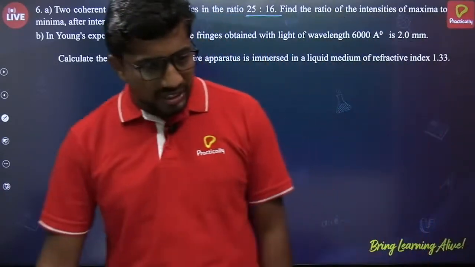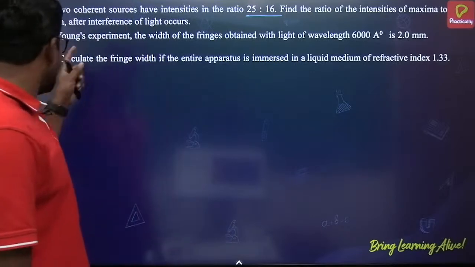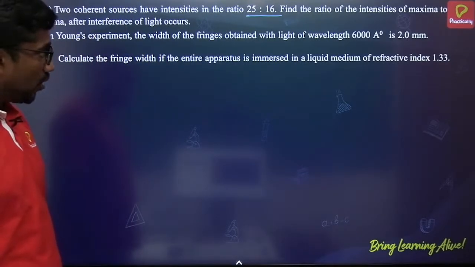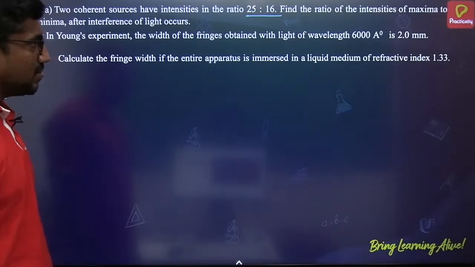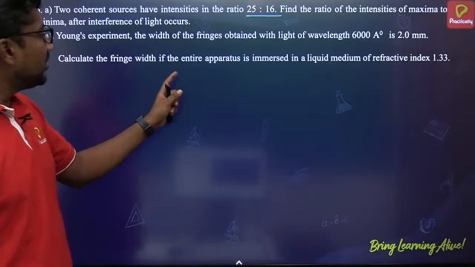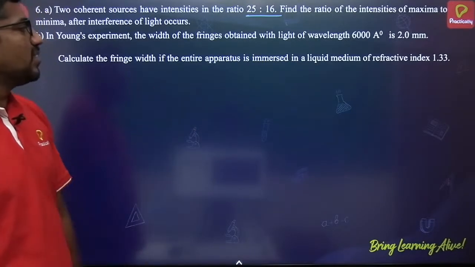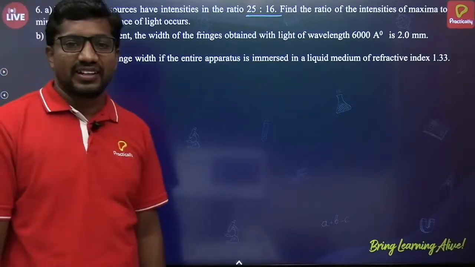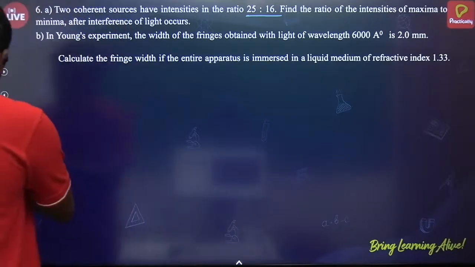And then question B. In Young's experiment, the width of the fringes obtained with light of wavelength 6000 angstrom is 2 mm. Calculate the fringe width if the entire apparatus is immersed in a liquid medium of refractive index 1.33. Okay, fine. See here.